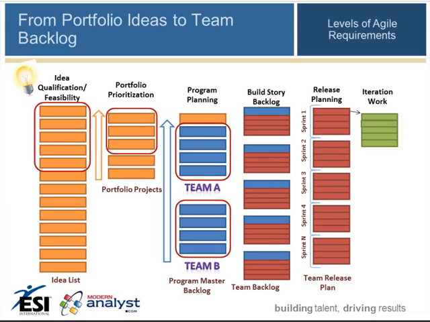The blue boxes for each project represent the user stories. The user stories are the series of red stripes that you see in the story backlog, which also translate, as you move over toward the right, into the elements of the releases. So the user stories are grouped into sprints, and you see sprint 1, 2, 3, etc. in the release plan.